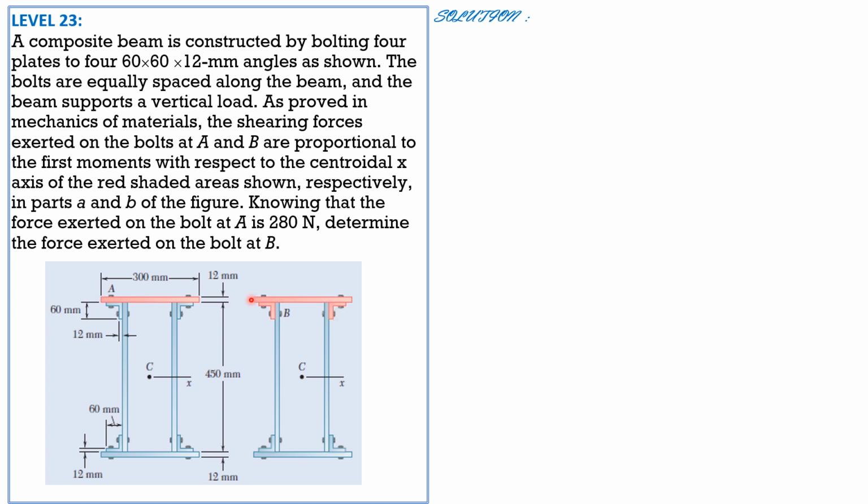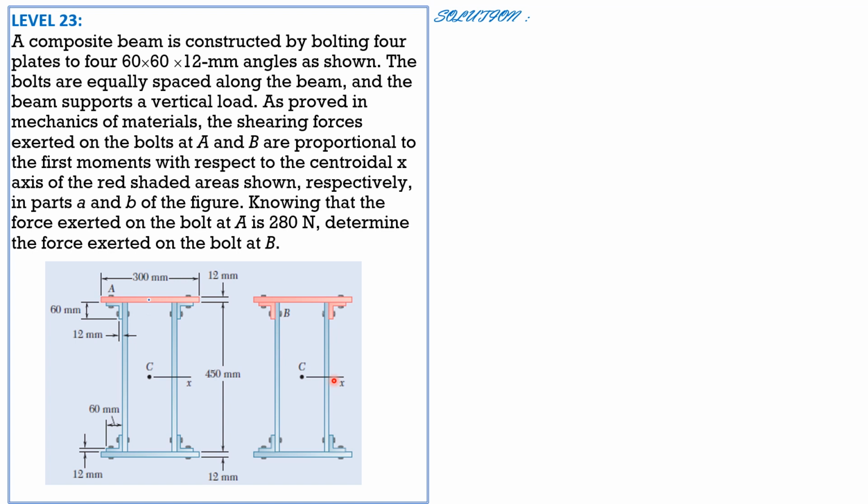So it is the first moment of this flange here with respect to the centroidal x-axis plus the moment of these two angles with respect to this centroidal x-axis. But we have to locate the centroid of each of these two angles so that we can compute the moment of the contribution of these angles with respect to the centroidal x-axis.